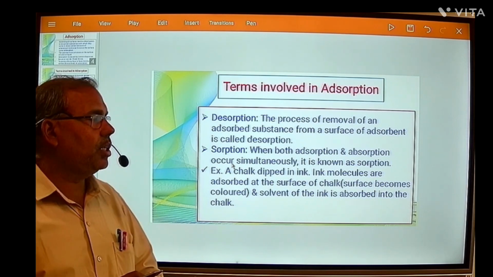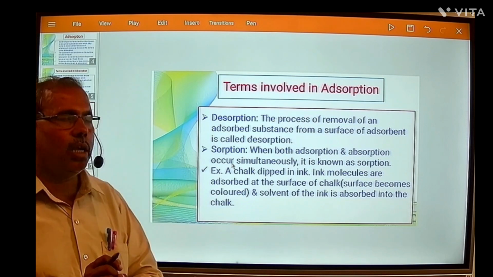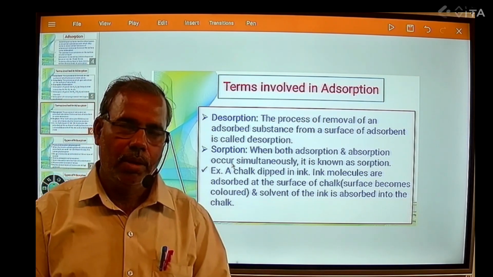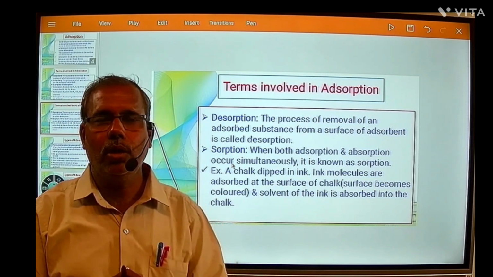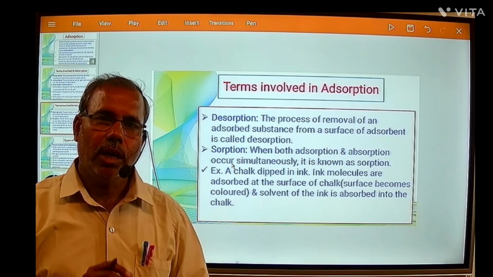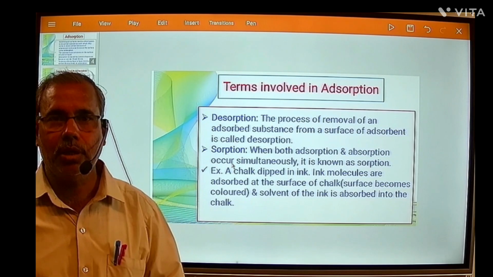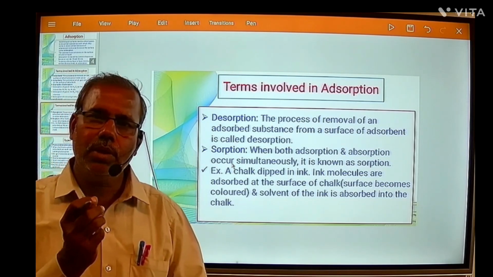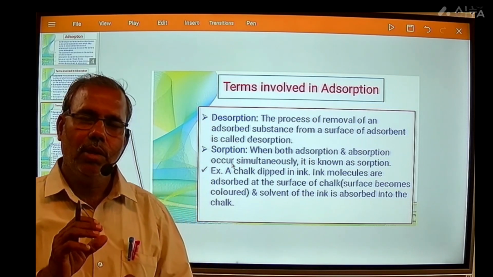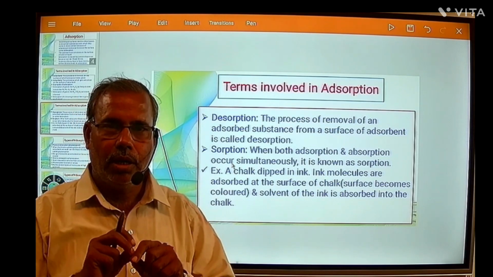Then sorption. What is this sorption? When both adsorption and absorption occur simultaneously, it is known as sorption. In a particular process, it may happen that adsorption takes place as well as absorption. Absorption means the particles are absorbed in the bulk of the substance, whereas in adsorption the particles of the adsorbate are adsorbed on the surface of the adsorbent.